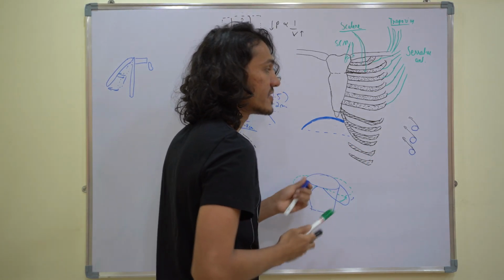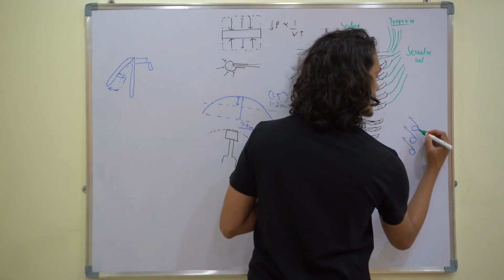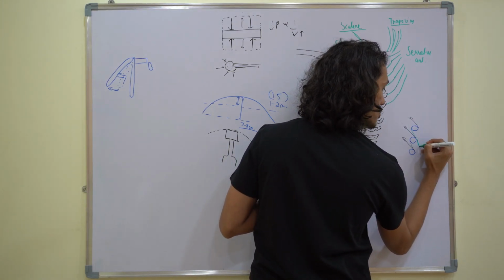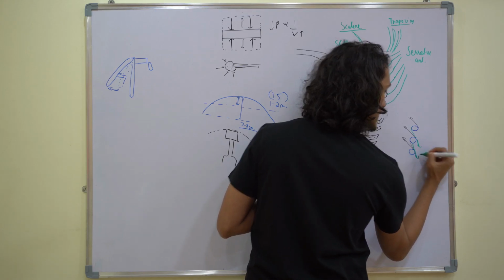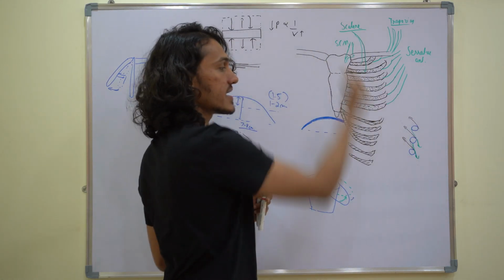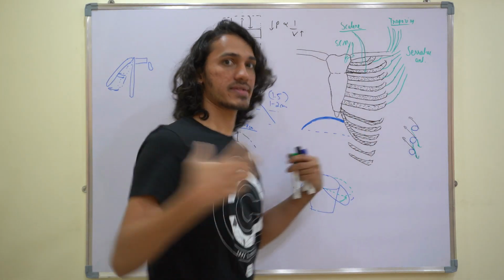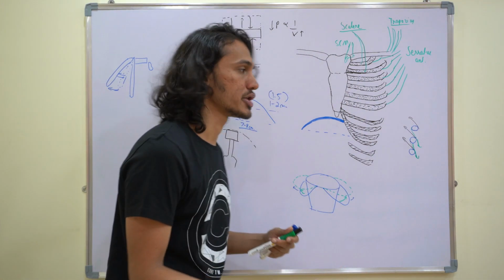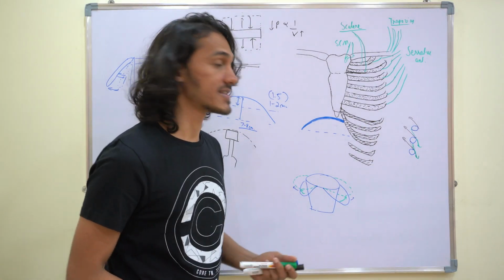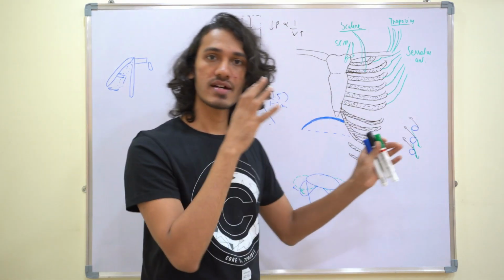On the other hand, when we talk about the internal, that kind of pushes it inside like that. So external intercostal pulls it outside, internal intercostal pulls it inside. So whatever pulls the ribcage out is for inspiration, and what pulls it inside is for expiration. Are we clear with that? So we got the internal intercostal, we got the external intercostal.